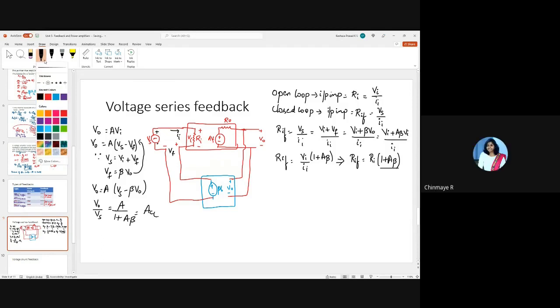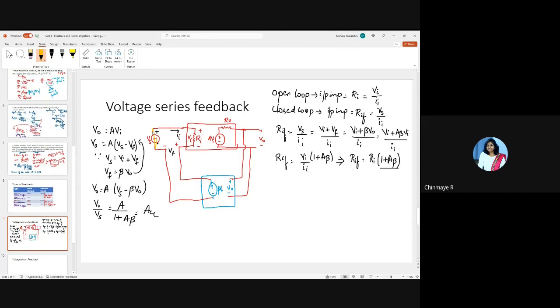So now let's see what happens to the output impedance. All these changes to the circuit for the output impedance, I'll mark it in yellow so that you can make out. So how do you calculate the output impedance of any amplifier? You short the input first, right?